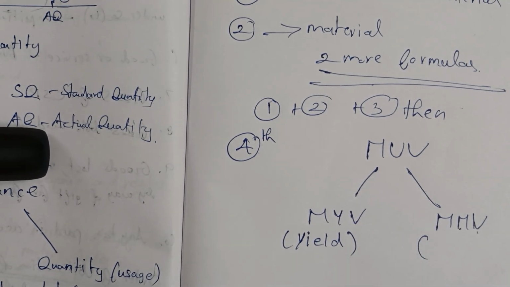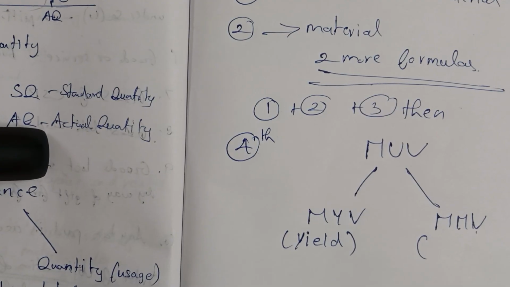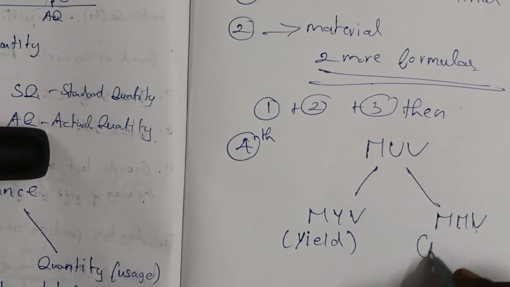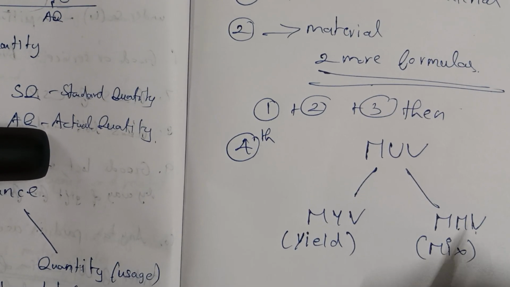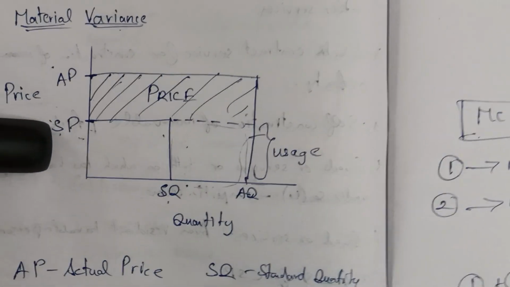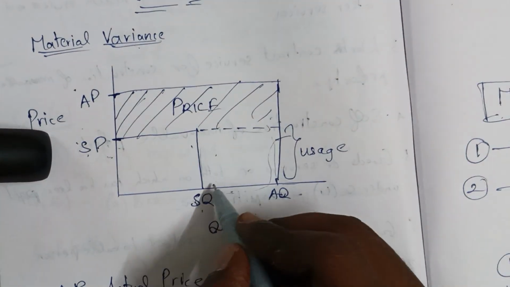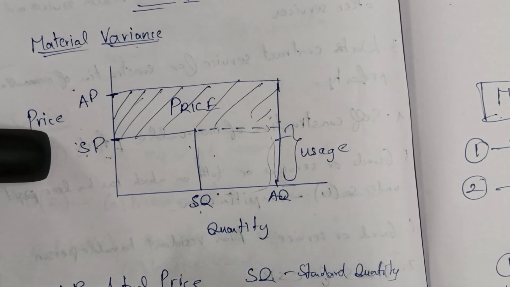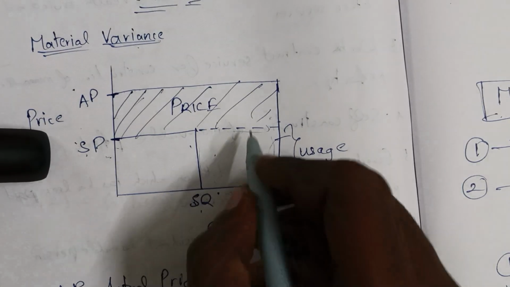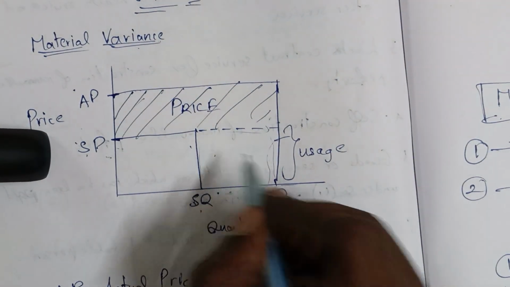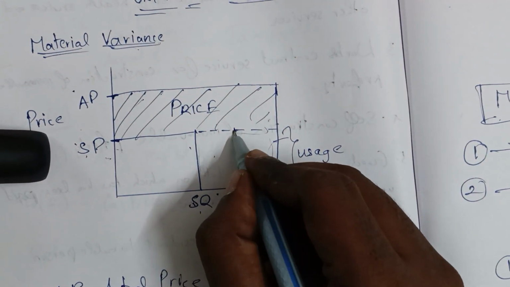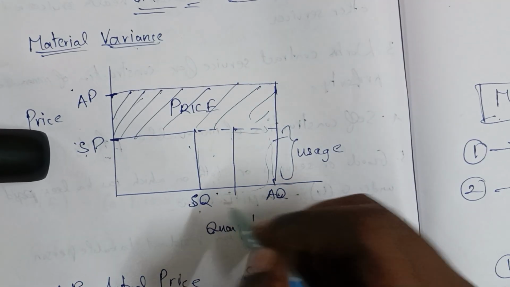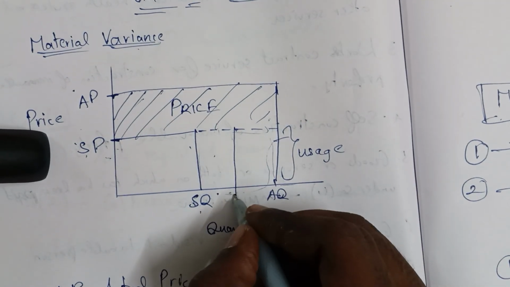Mix variance is nothing but, since you mix two materials, it's called material mix variance. Now I will tell you how you can find this in the graph. So material yield variance and material mix variance are part of material usage variance, which is here. So the first thing you'll do is you divide it equally, or let's just say it as a straight line.